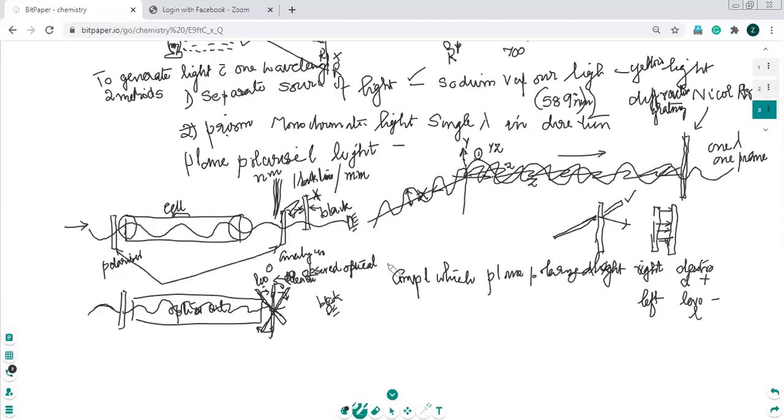Okay, and remember, this is an experimental fact. You have to take the compound, a small amount of the substance, and take a polarimeter. This instrument is called a polarimeter.